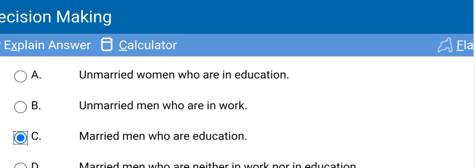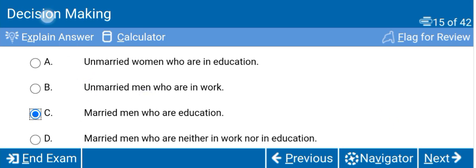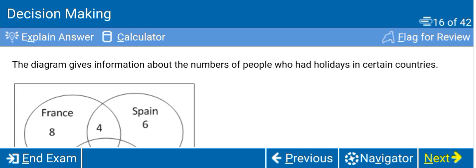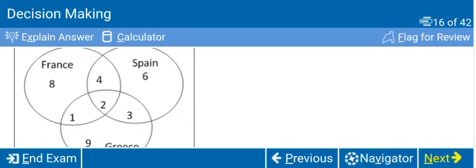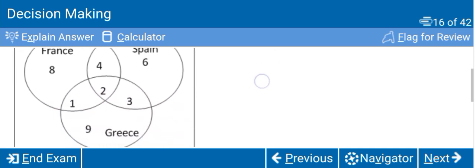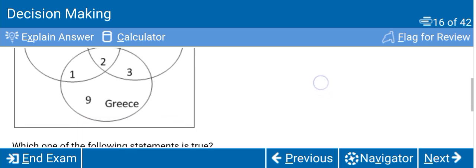So the next question we have is question number 16. It says the diagram gives information about the number of people who had holidays in certain countries. So we have a diagram with France, Spain and Greece with some numbers.